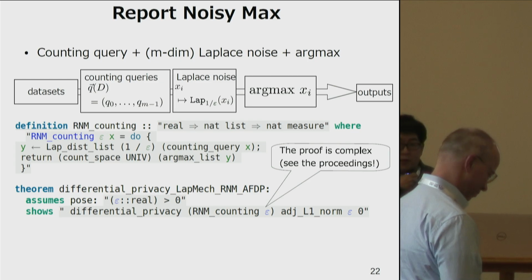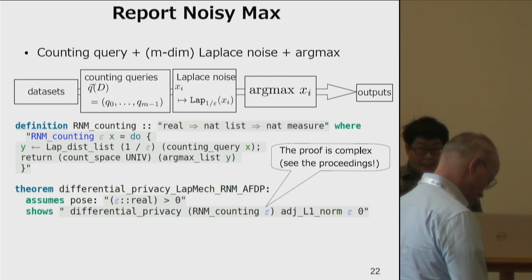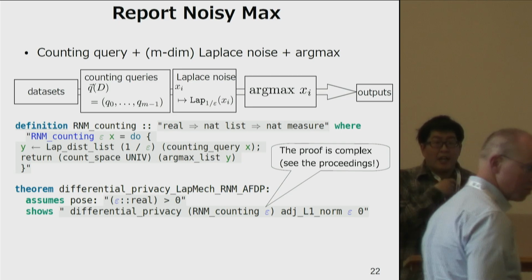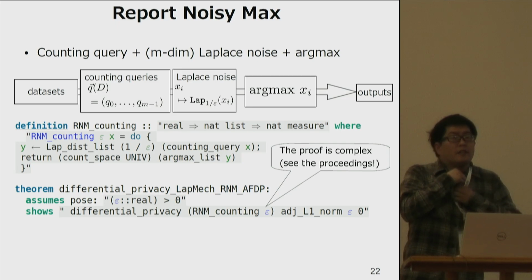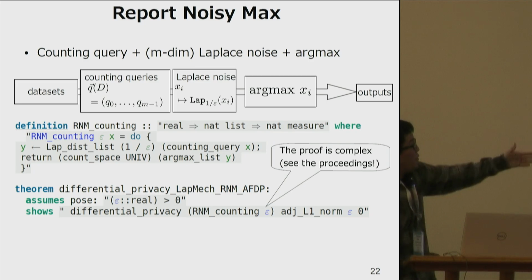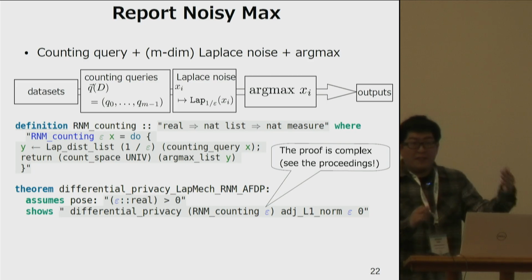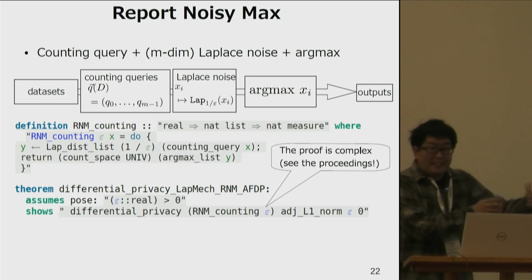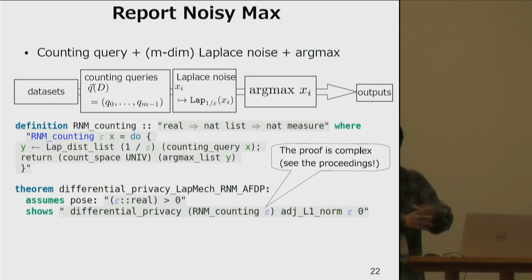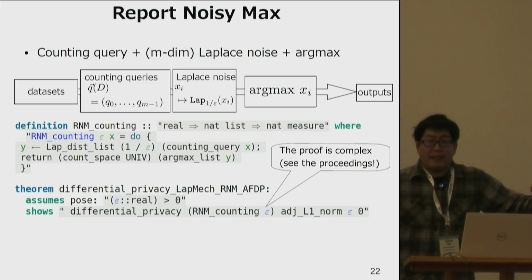It is a kind of complexity of the paper proof. A student proved the report noisy max in the discrete setting. Even in the discrete setting, the proof costs over 1,000 lines.